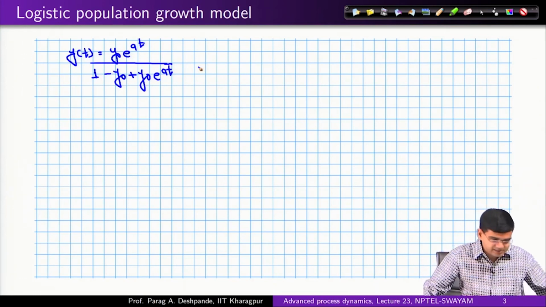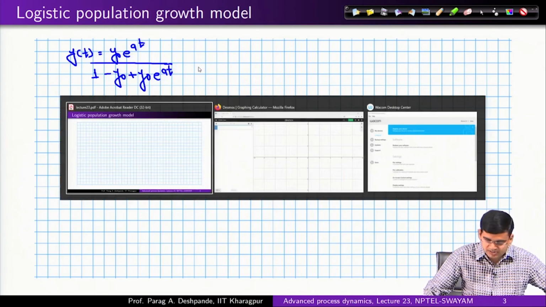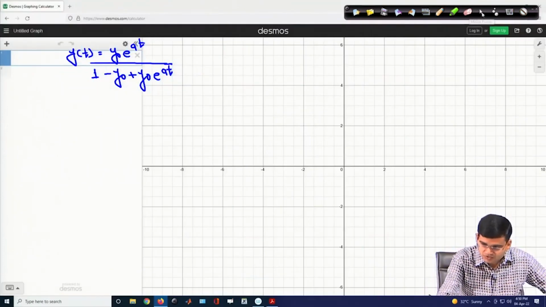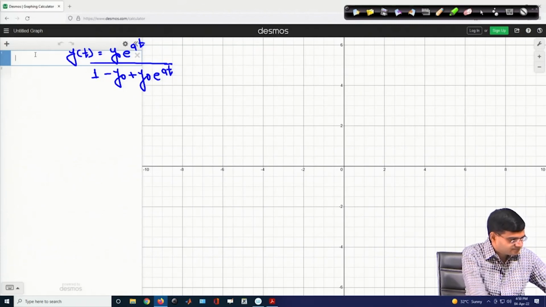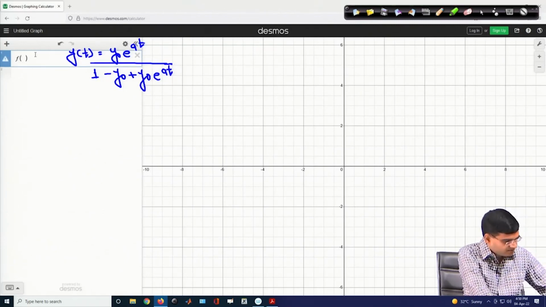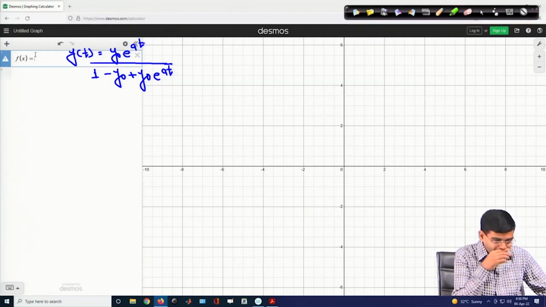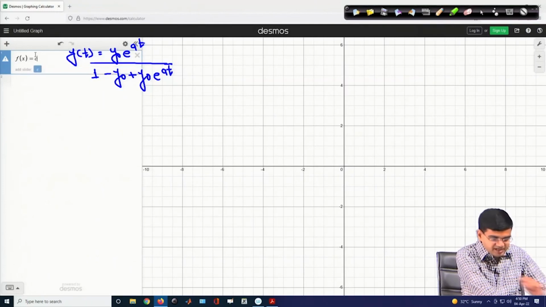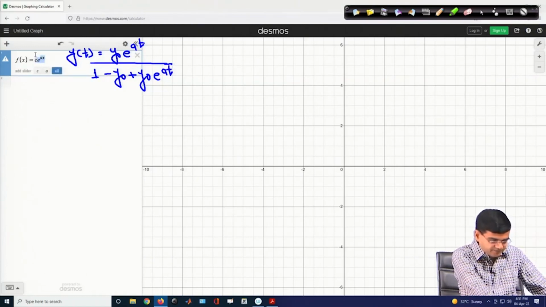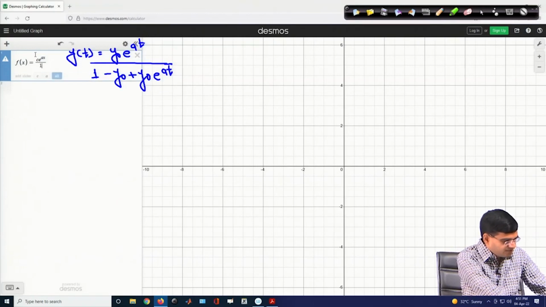So, let us go and see whether the phase portraits in the two cases match. So, now I can write here f of x is equal to C, my initial condition, e to the power a x divided by 1 minus C, which is my initial condition, plus C e to the power a x.